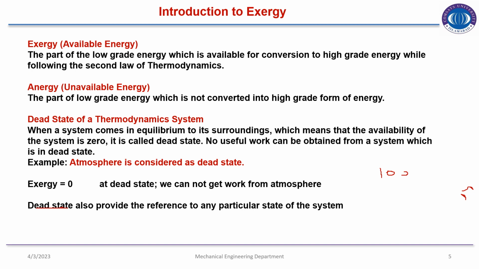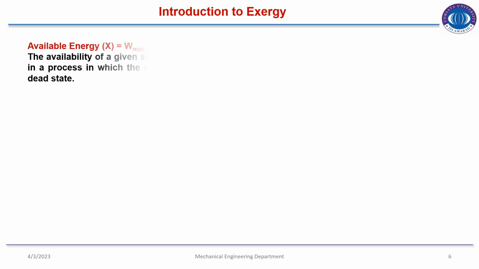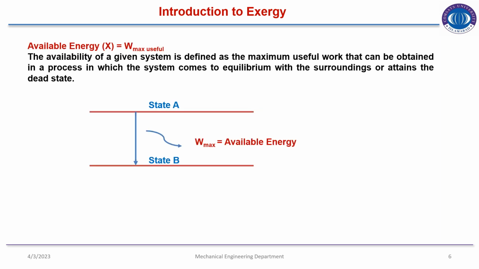Here we have a 100 degrees centigrade body, so the dead state will provide a reference. For example, the exergy of state 1 is equal to state 1 energy minus the dead state. So the dead state here provides a reference to the thermodynamic system. Here more examples of dead state systems are given.